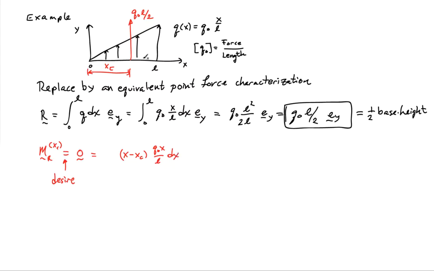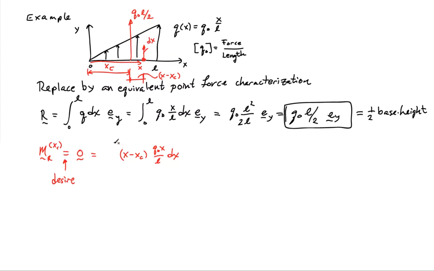about a given point. So if you consider just some little region dx at a distance x from the origin, this distance here is x minus xc, so that's my lever arm, and acting at this point is a little bit of load, and that load is going to be q times dx.